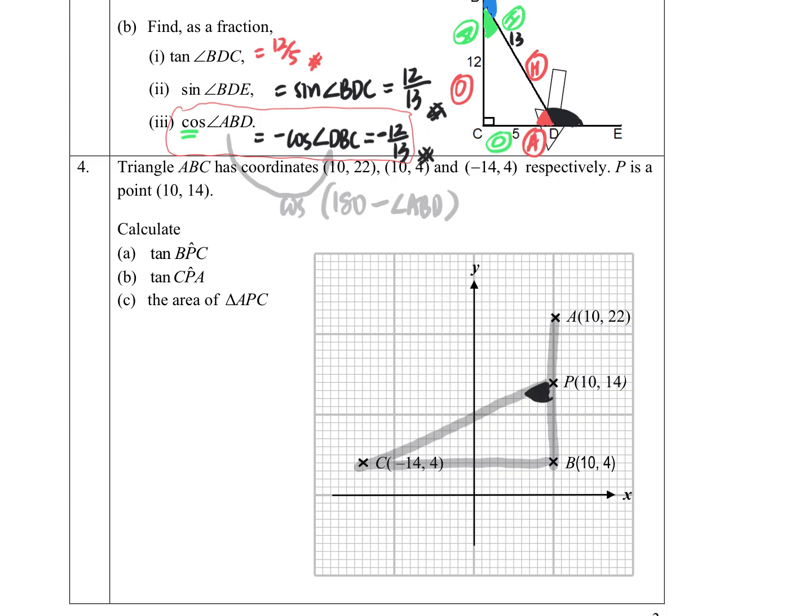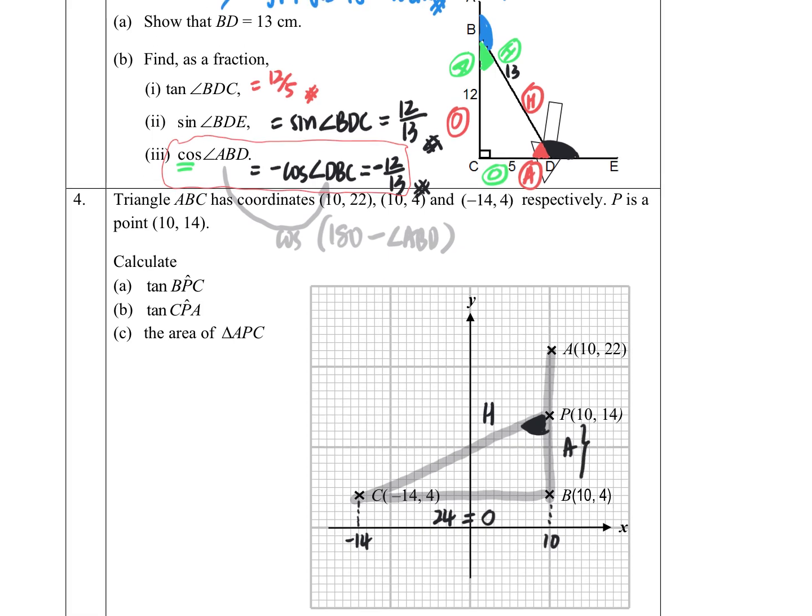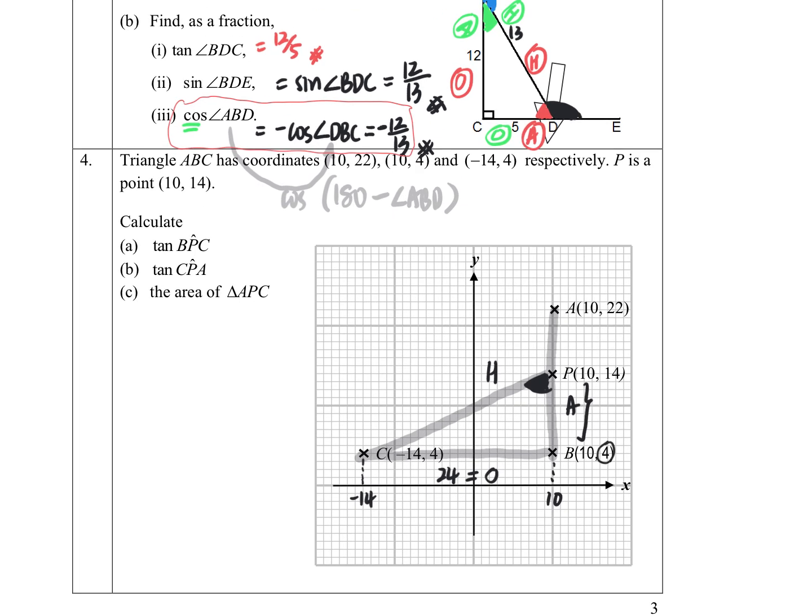So tangent means H, A, and O. So tangent is O over A. You go and read the coordinate here. So this one is minus 14. This one is 10. So it tells me that O is 24 units, from negative 14 to 10. And then your A from 4 to 14. So that's 10 units.